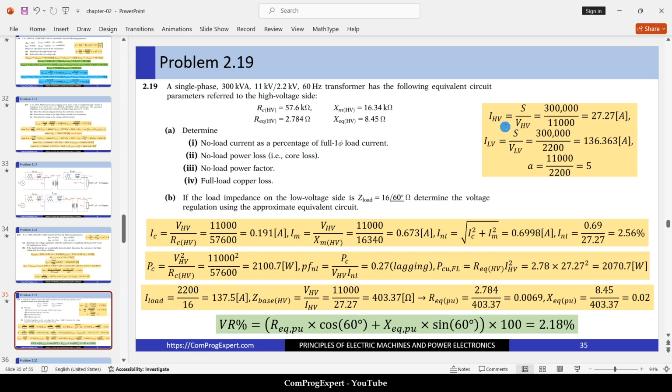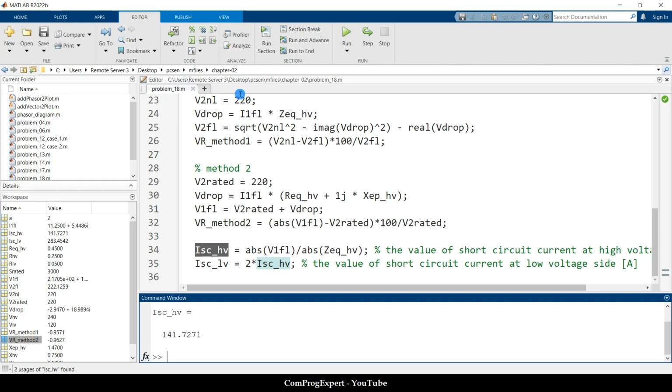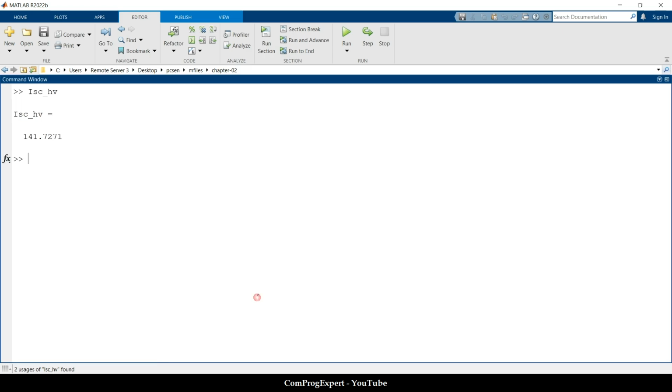Here you can see the value of the current for the high voltage winding is the apparent power divided by 11 kilovolts. That is 27.27. This fraction. Okay. So here is the value of the current for the high voltage winding.